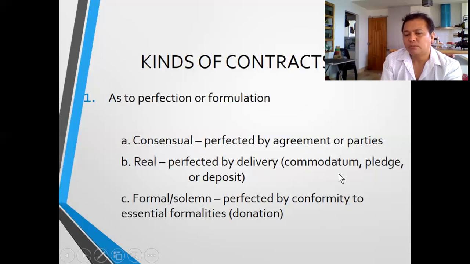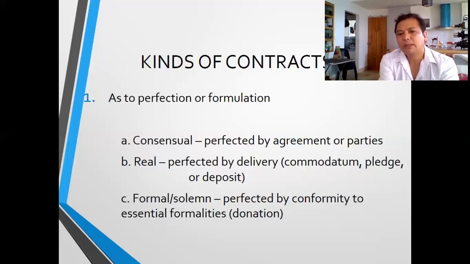Comodatum is when you borrow a thing gratuitously, meaning you borrow a thing without payment, free. If you borrow a book from the library, that's comodatum. You cannot borrow the book without getting the book, so the contract is perfected by getting the book. So it is perfected by delivery.